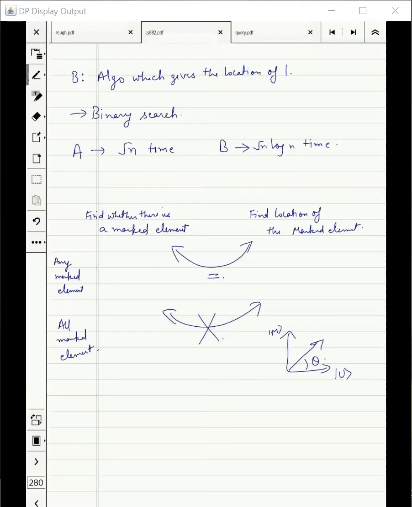But giving the location of all the marked elements becomes harder when there are more marked elements, because you have to give the location of more of them. That will become tougher and tougher.